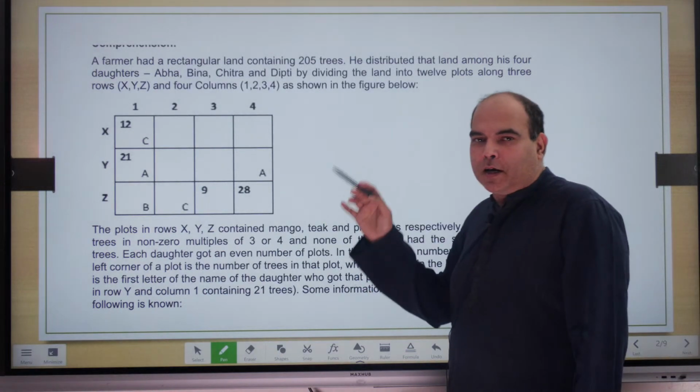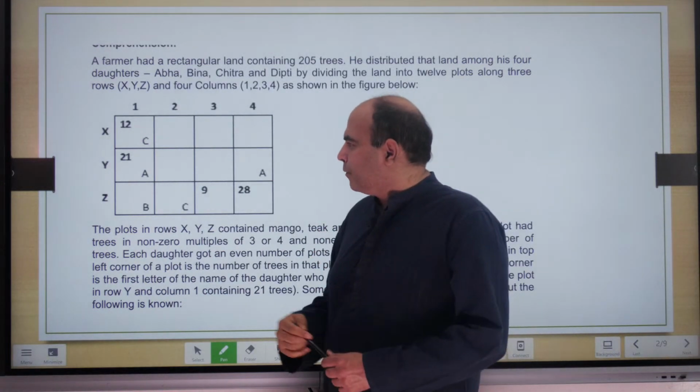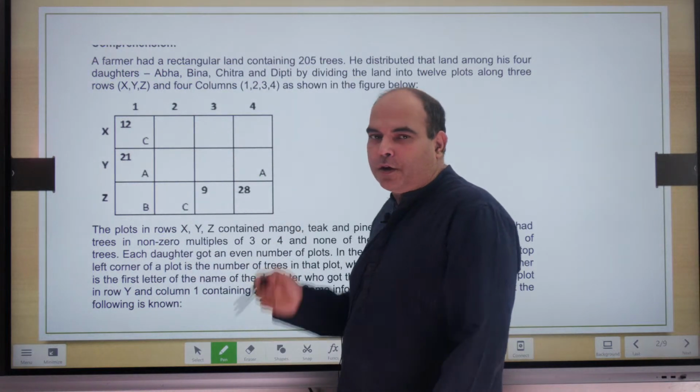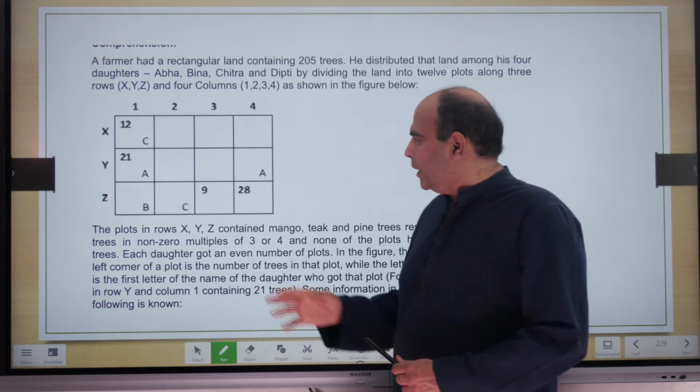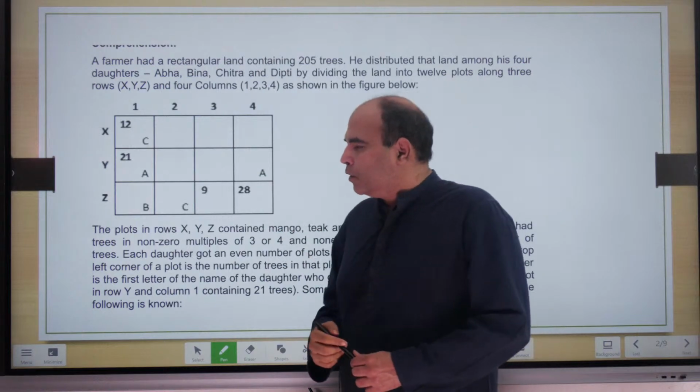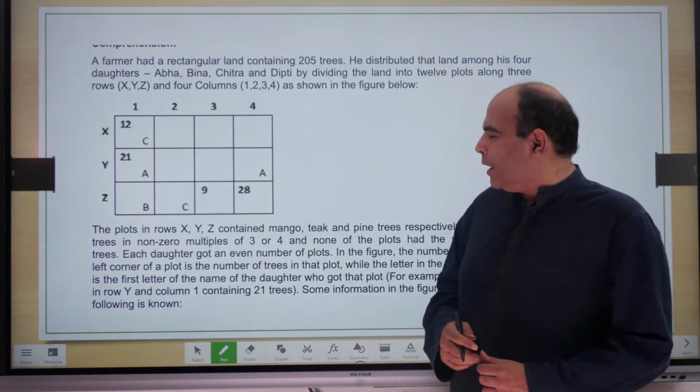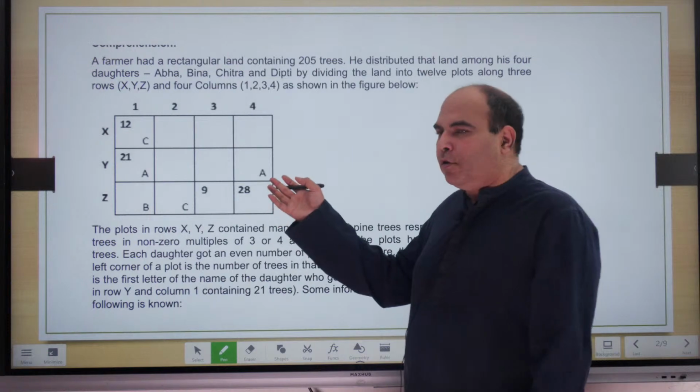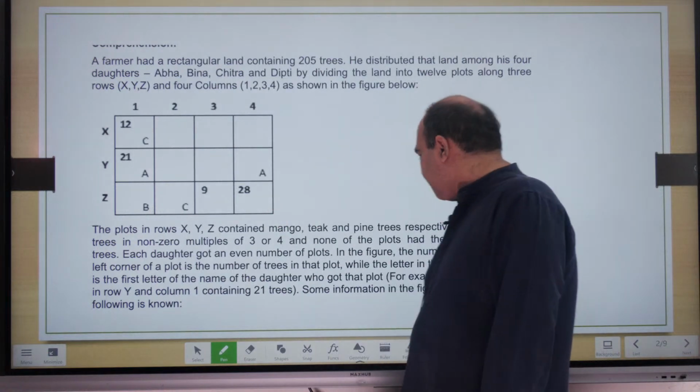So this is the land plot that he has. He has got a rectangular land plot, X, Y, Z, and 1, 2, 3, 4, and these are the 12 land pieces that he has, and he's distributed this amongst A, B, C, D.